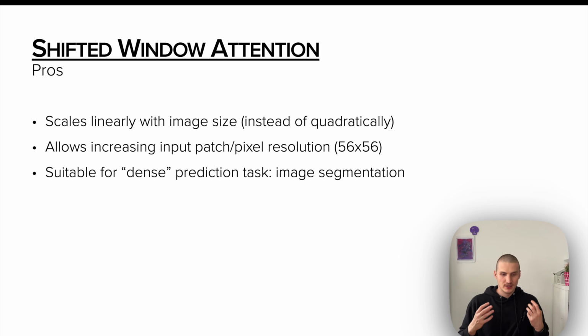So now the complexity of the model scales linearly with the image size, because we've limited the number of interactions to only pairwise interactions within the window. And this is the primary fact that allows us to pass in higher resolution patches as an input.